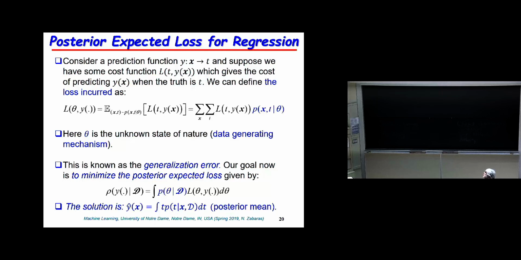All right, so if you're going to do the full regression problem with a bunch of training data D, you're going to have to take this loss and then average it with respect to the posterior of the parameters of the model.